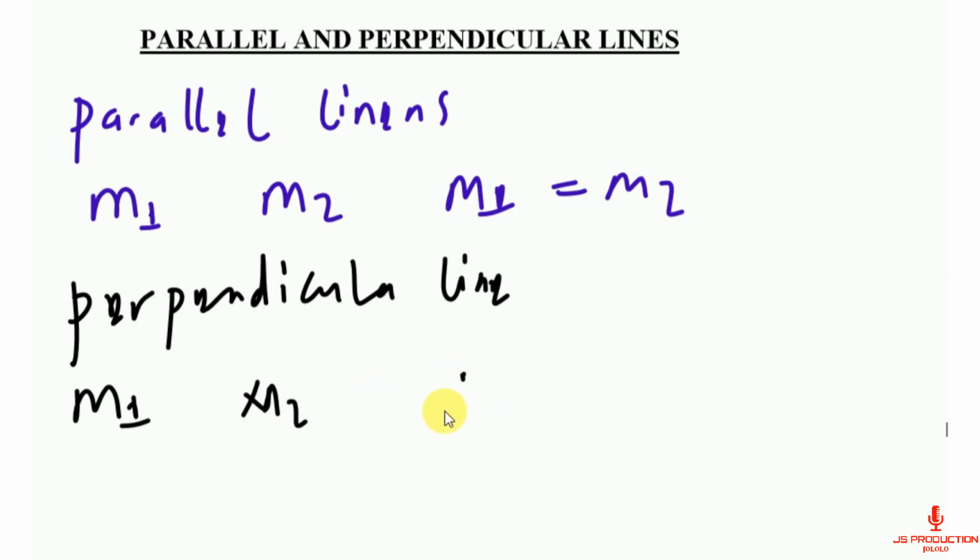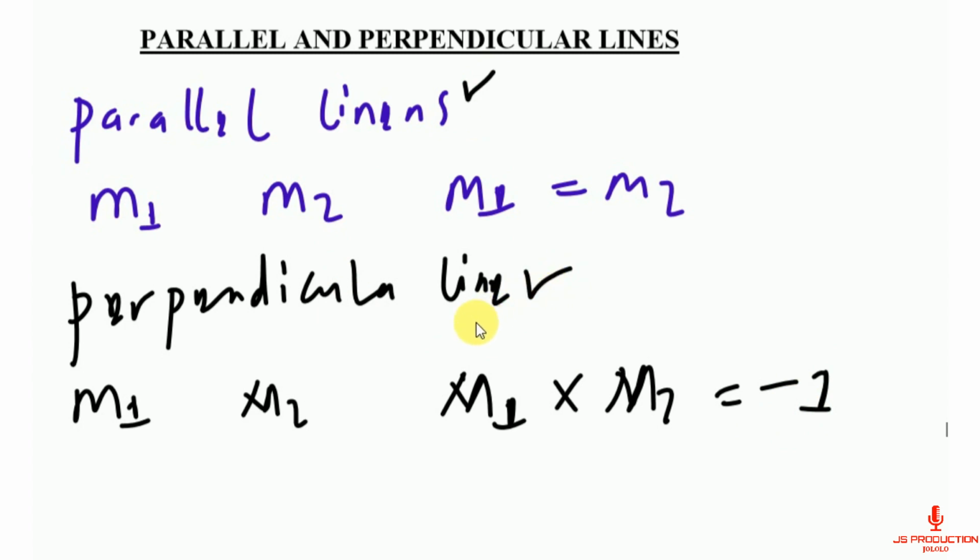So this means that M1 multiplied by M2 must be equal to -1. So that's the principle on parallel lines and perpendicular lines.